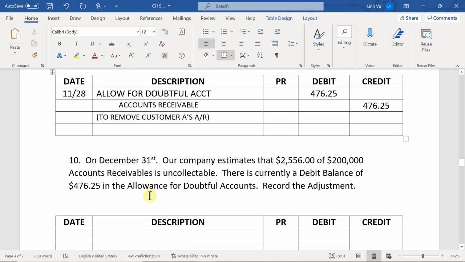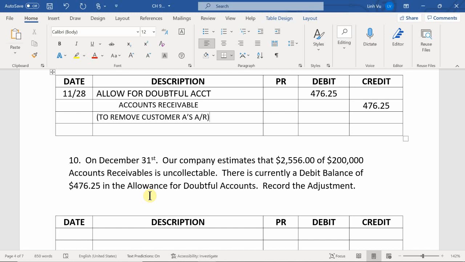So then on December 31st, right, our company estimates that $2,556 out of the $200,000 accounts receivable is to be uncollectible. And there is currently a debit balance of $476.25 in the allowance for doubtful accounts.